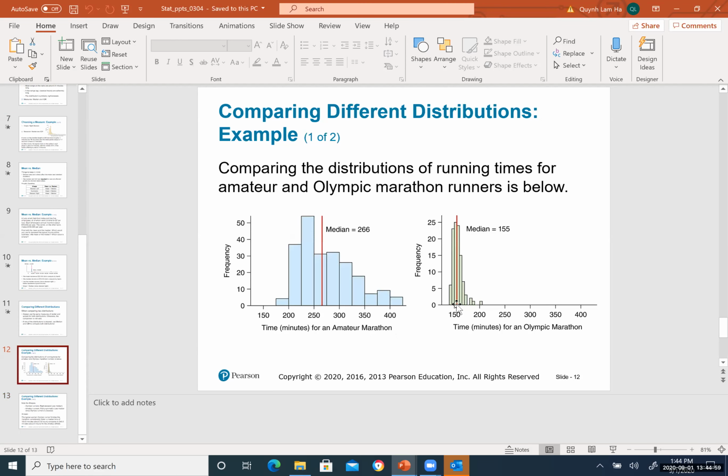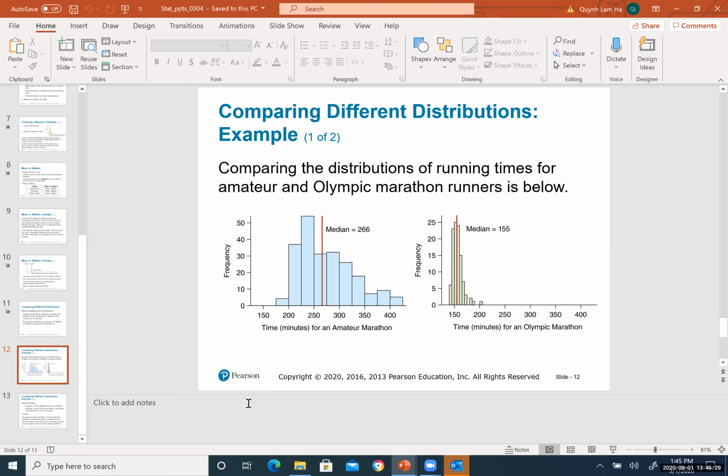As I look at this, it is very small, and this is thick, so this is slower, this is faster. So this is the end of the video for section 3.4. I hope you understand it quickly. For 3.4, you are learning about comparing two distributions, and we care about the center and the spread only, right?